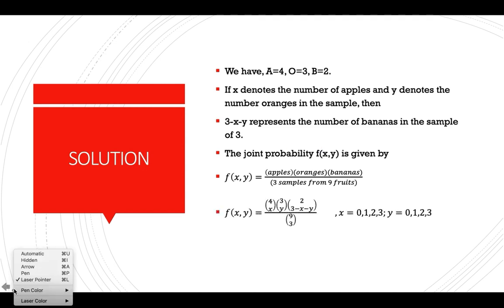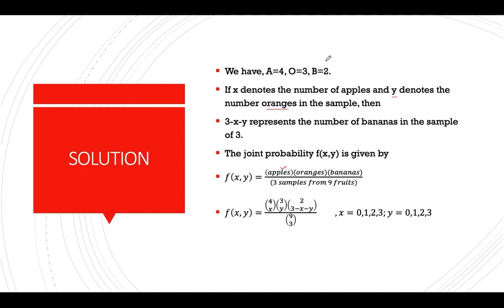Okay, so for the number of apples, since x counts the number of apples out of those 4, the number of possible ways will be 4 combination taken x. For the possible ways of selecting y, number of oranges, that will be 3, the total number of oranges in the bag, 3 taken y.